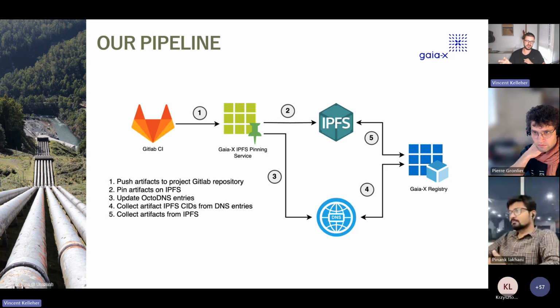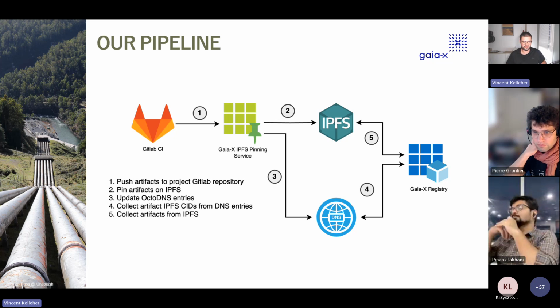And it's going to push these CIDs in the DNS entries of our OctoDNS project, which means that once that is done, the registry with its own schedule will be able to query the OctoDNS instance, collect the IPFS CIDs, and it will then request through IPFS. It's going to collect all the artifacts that have been pushed previously.